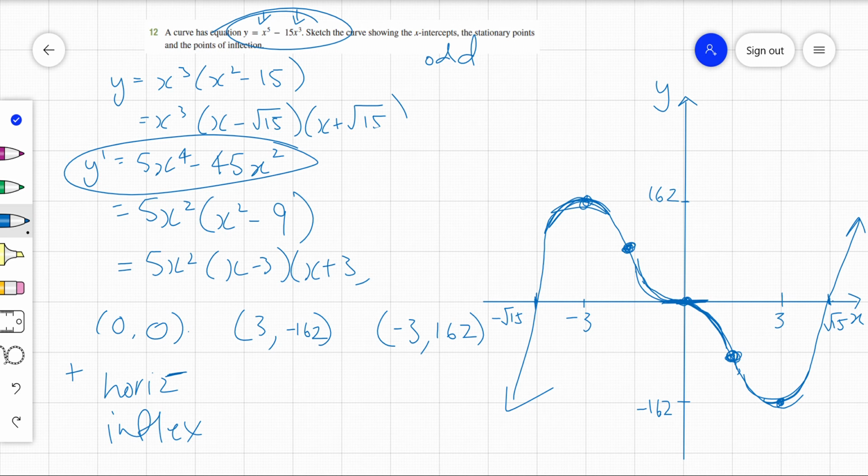So from my y double dash that I just rubbed out, what was it? It was a 2x squared minus 9, I think. Something like that. In that, there was a 10x, wasn't it? So anyway, in this second bracket, we're going to get a root 2x minus 3 and then a root 2x plus 3.